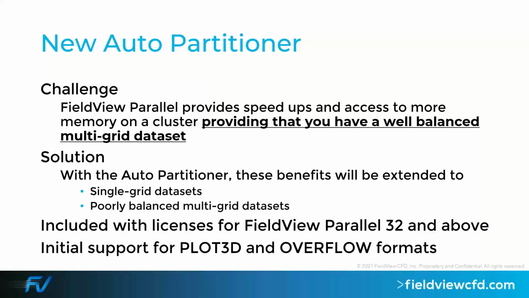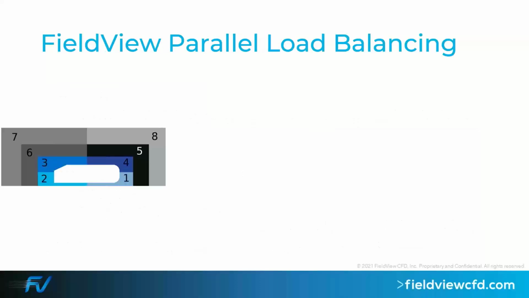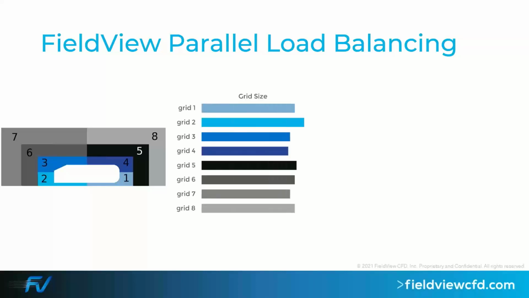All right, so let's take a step back and explain again why this is a challenge and why FieldView is relying on your blocks. To explain that, I'm going to introduce some conventions and notations first. Here is a cut-through dataset that shows numbered grids by color. Those grids have different sizes, and by that, I mean the total number of cells or nodes in your grids.